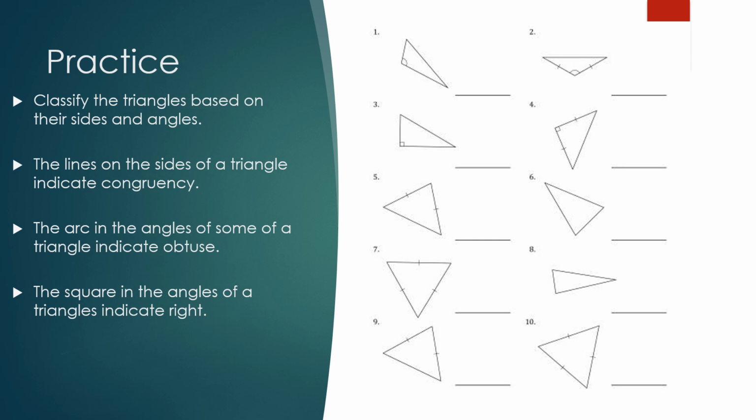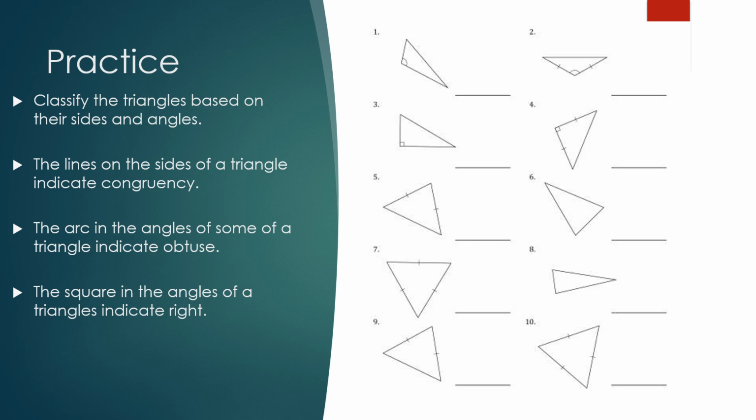In this worksheet, if you have an arcing angle, it is considered obtuse. If you have a square in the angle, it is considered right. And the little lines indicate congruency between two or more sides. Please take a moment to pause the video to attempt and practice.